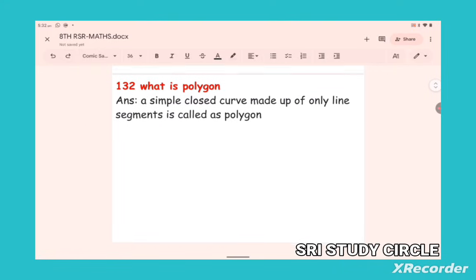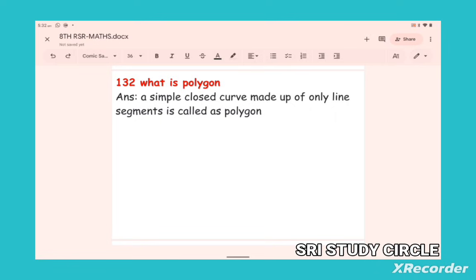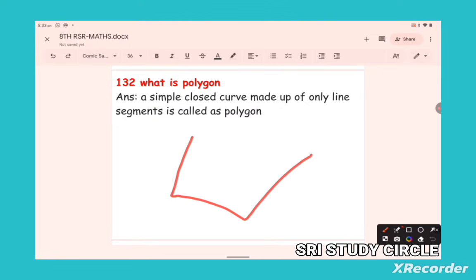What is a polygon? A simple closed curve made of only line segments. A closed figure with line segments is known as a polygon.